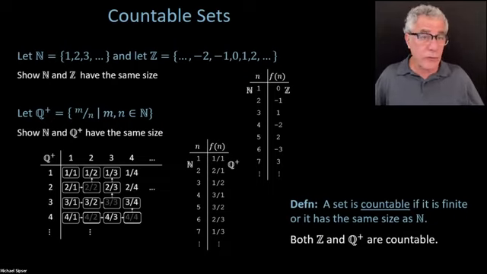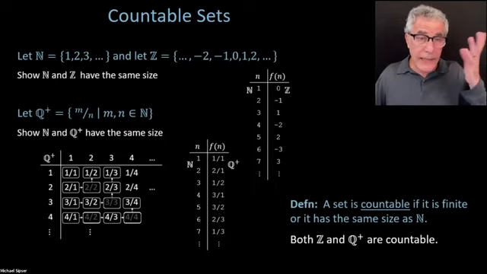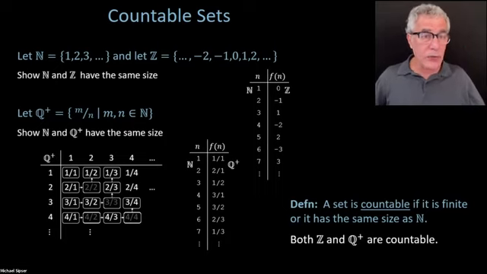Well, that is in fact not true. I don't know if Cantor, who discovered that, found it surprising or not, but it is kind of interesting, I think, that there are different sizes of infinities.